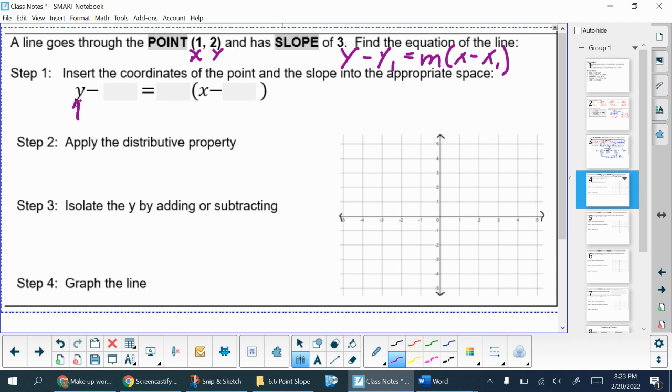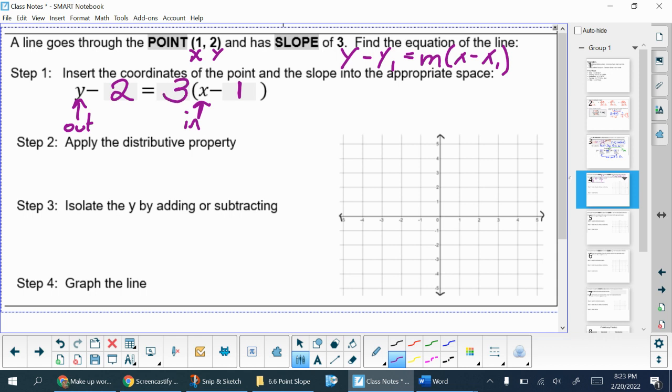Those x's and y's, those have to stay because that's the input and output of our function. It's the x1 and y1 that we're going to be plugging in here. So our x1 is 1, so we have x minus 1. And the y1 is 2, so y minus 2. And then m always stands for our slope. The slope is 3, so I'm going to plug in a 3 there.